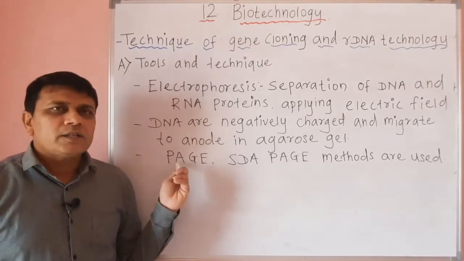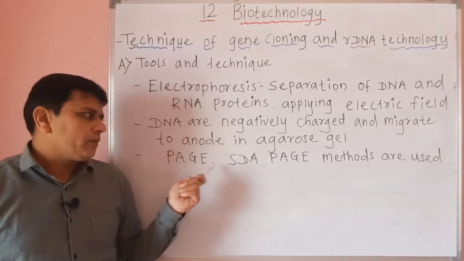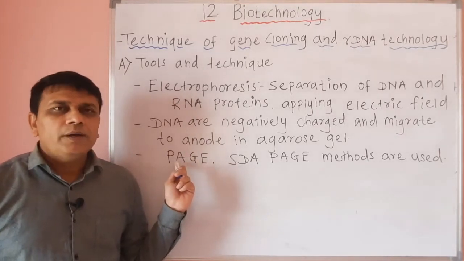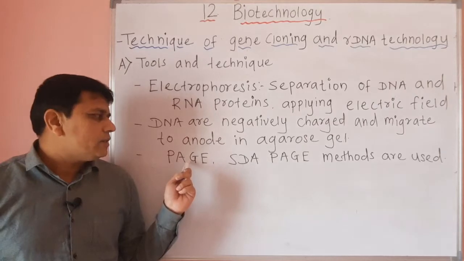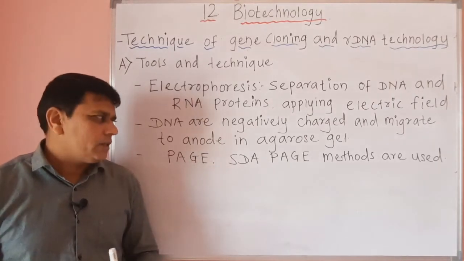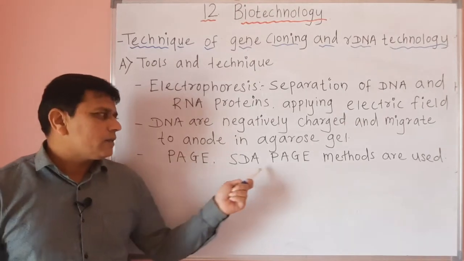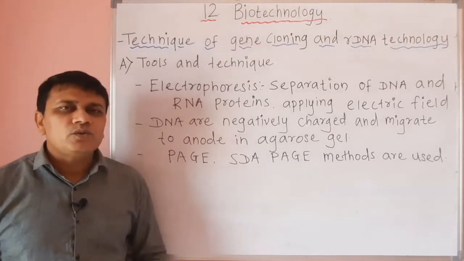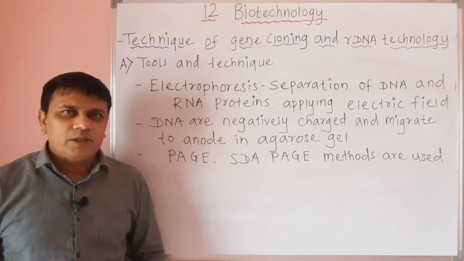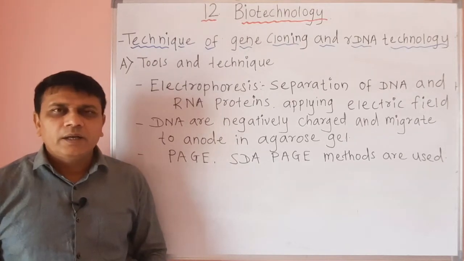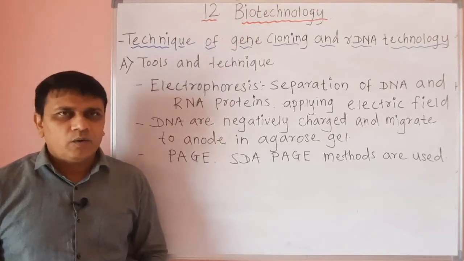Then the techniques like PAGE. Now PAGE means polyacrylamide gel electrophoresis. So these techniques like PAGE, then SDS PAGE are used in gel electrophoresis for gene cloning and recombinant DNA technology.